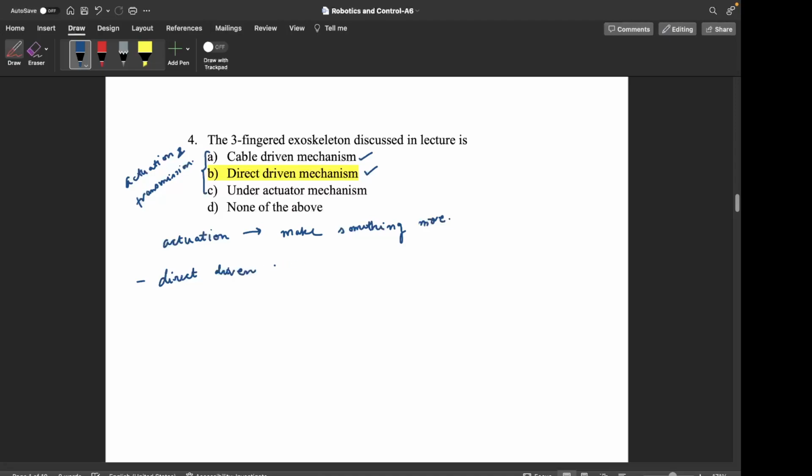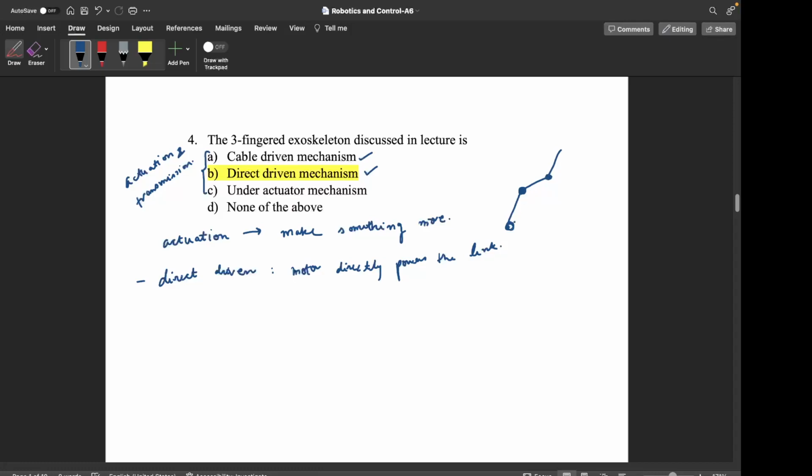As the name suggests, it means that the motor is directly connected to the link it is actuating, right? So the motor directly powers the link. Let's say there are three links, right? In a direct driven system, there would be a motor here, a motor here, and a motor here.